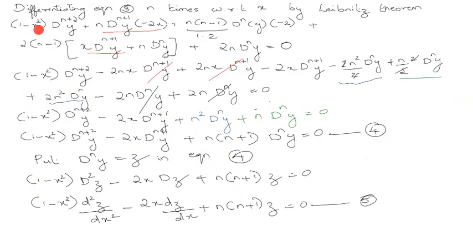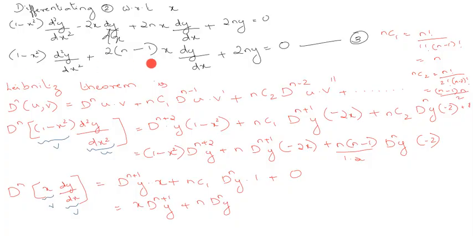That is 1 minus x square dn plus 2 y plus n dn plus 1 y into minus 2x plus n into n minus 1 by 2 into dn y into minus 2 plus (2n minus 1) into x dn plus 1 y plus n dn y plus 2n dn y is equal to 0. That is, we got this equation by differentiating this equation n times using Leibniz's theorem.